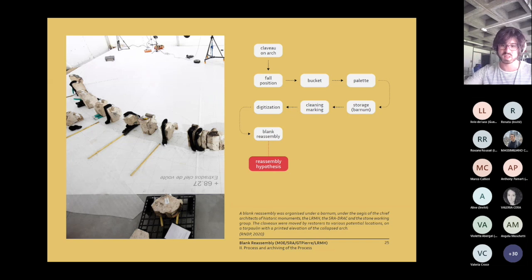So there was this tarpaulin printed, and all these claveaux relocated, test replacements done by LRMH, SRA-DRAC, mainly by architects of historic monuments, with archaeologists and art historians. So it's an anastylosis, the second we see, using their very peculiar methods.